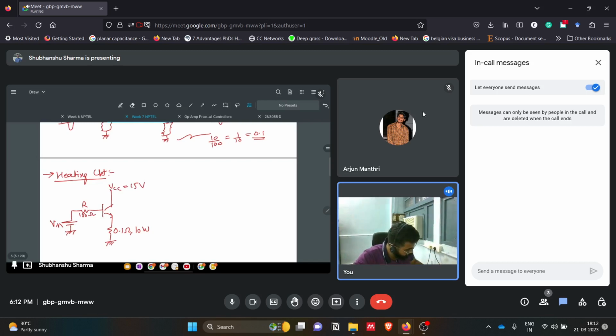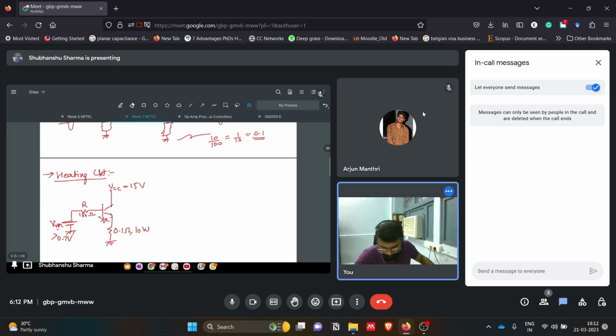Since we are applying an input voltage, we will make sure that it is greater than the diode voltage, that is 0.7 volt. There is a diode inside this transistor. So if this is greater than 0.7 volts, then this transistor will be working. So if V in is greater than 0.7 volts, what will happen?